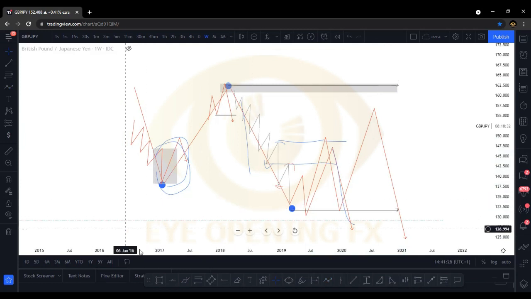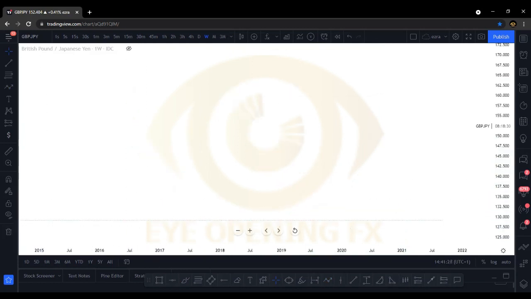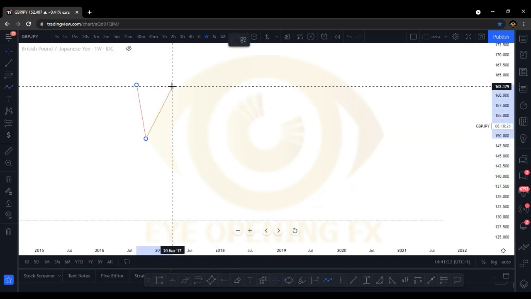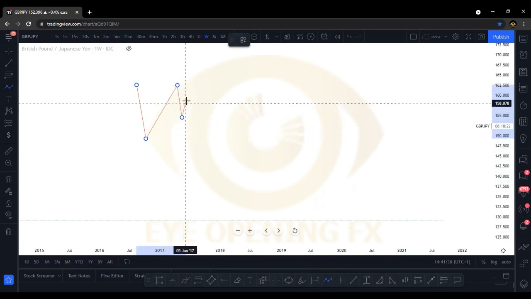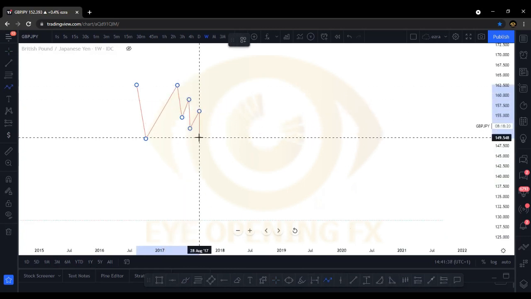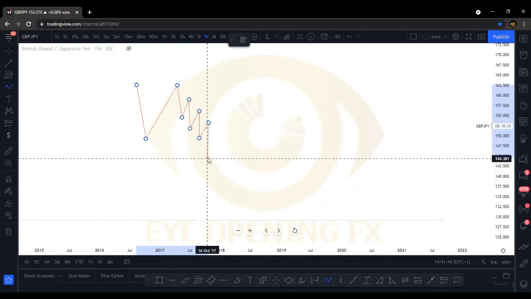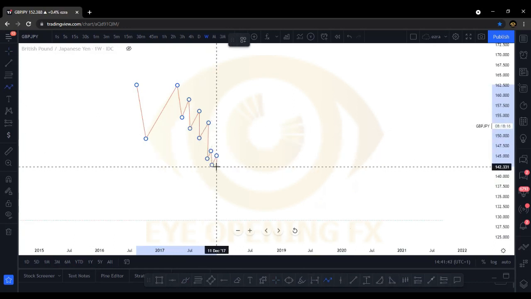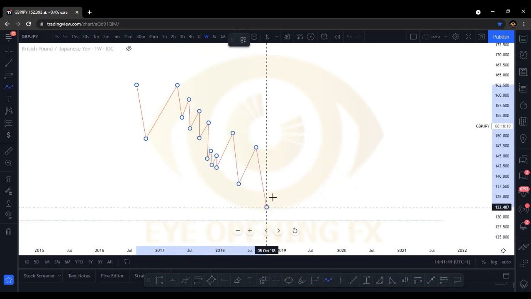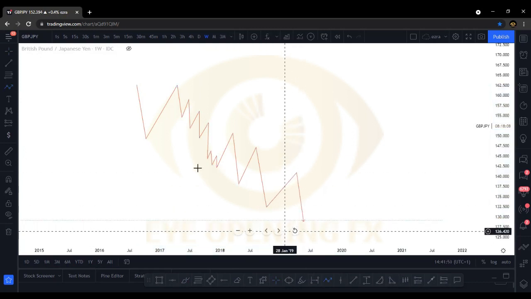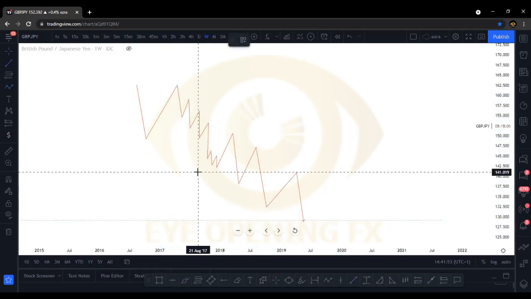The market can decide to create something like this. Now let's take, for example, a lower low, a lower high, a lower low. Let's say the internal structure here is this. It creates a little range structure. The market can do something like this.